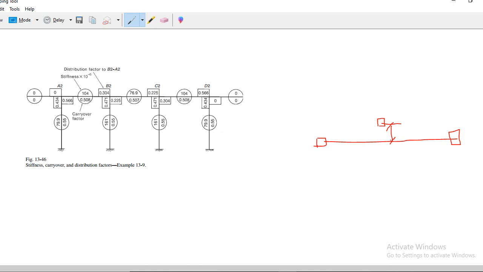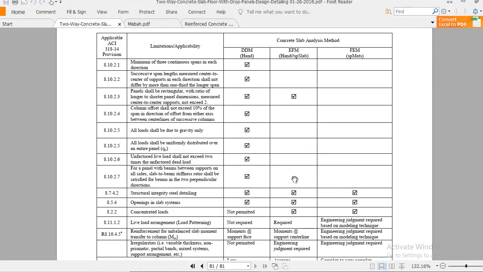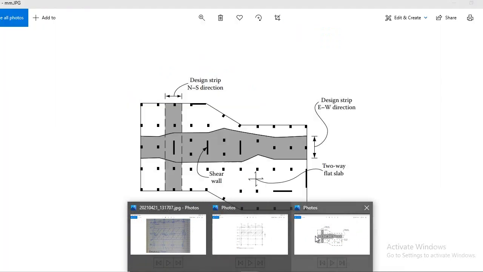Please go there and watch what the limitation means. But this kind of limitation is not applicable in the equivalent frame method. There are no such limitations. So this is one of the beauties of the equivalent frame method. Clear?